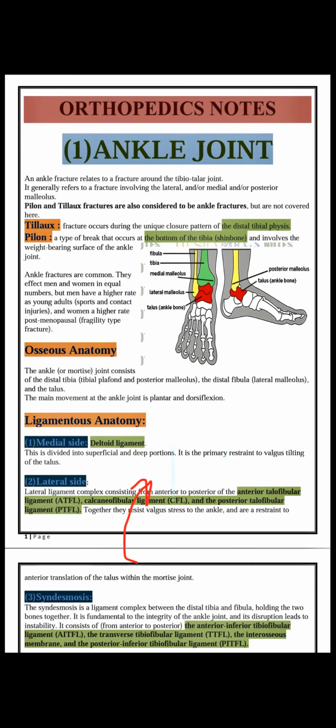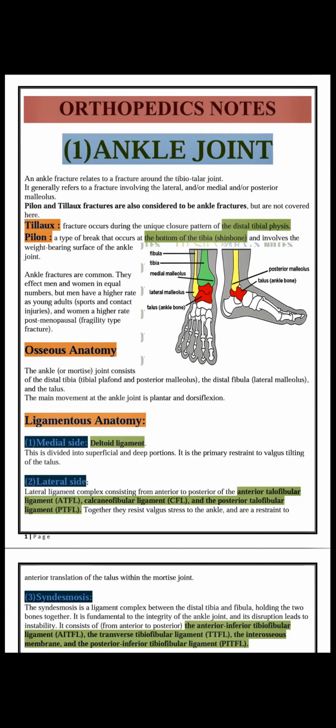Then the lateral aspect. On the lateral aspect, you have the lateral malleolus, the lower end of the fibula, and the calcaneus bone. Here, this is the talus and the calcaneus. The talus also forms an articulation with the fibula. So here you have what's called the anterior talofibular ligament, then the posterior talofibular ligament.